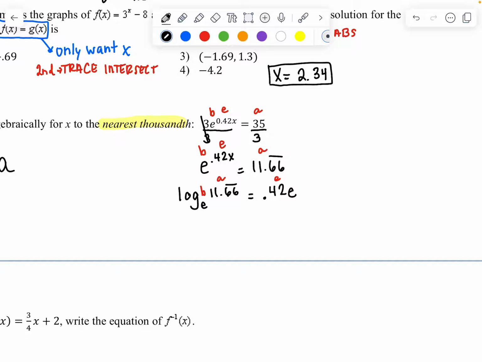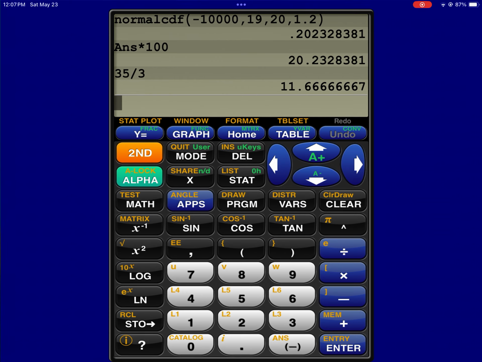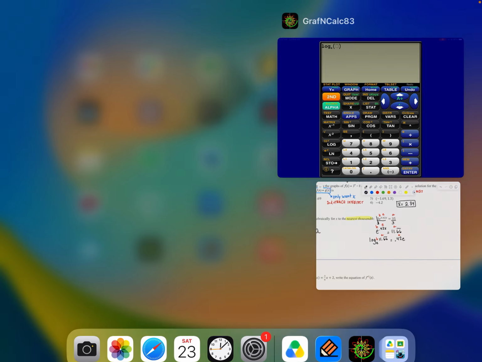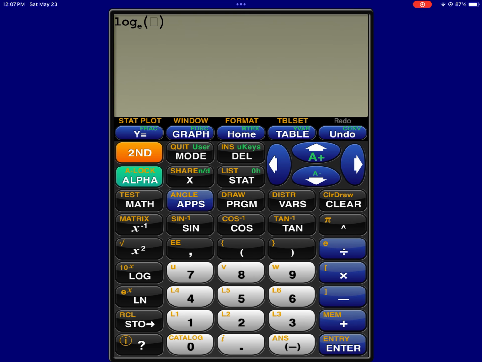Okay, now on the left side, you can plug that into your calculator. And if you want, you can even use ln. I'm noticing that most of you are putting the e into your calculator, which is totally fine. It was 11.666. I'll just put a bunch of sixes in there. Okay?